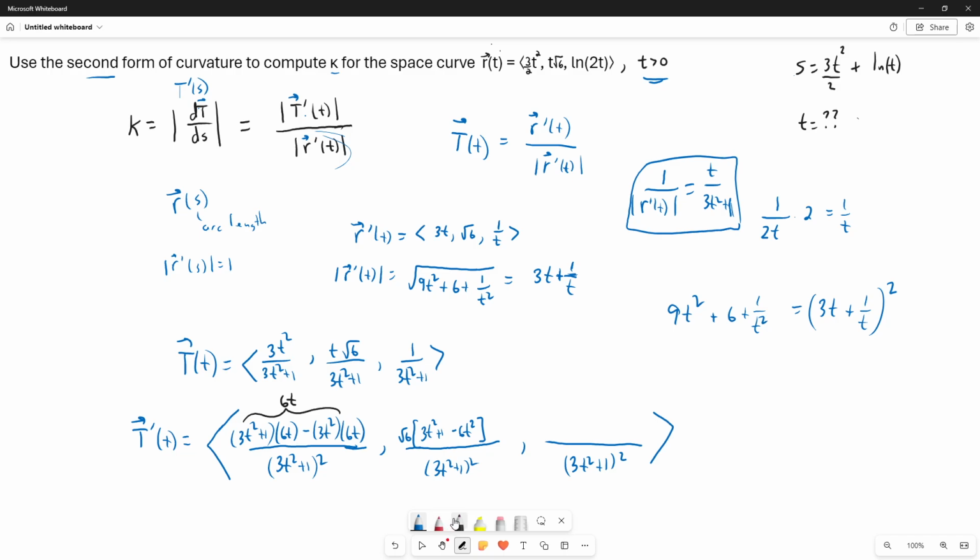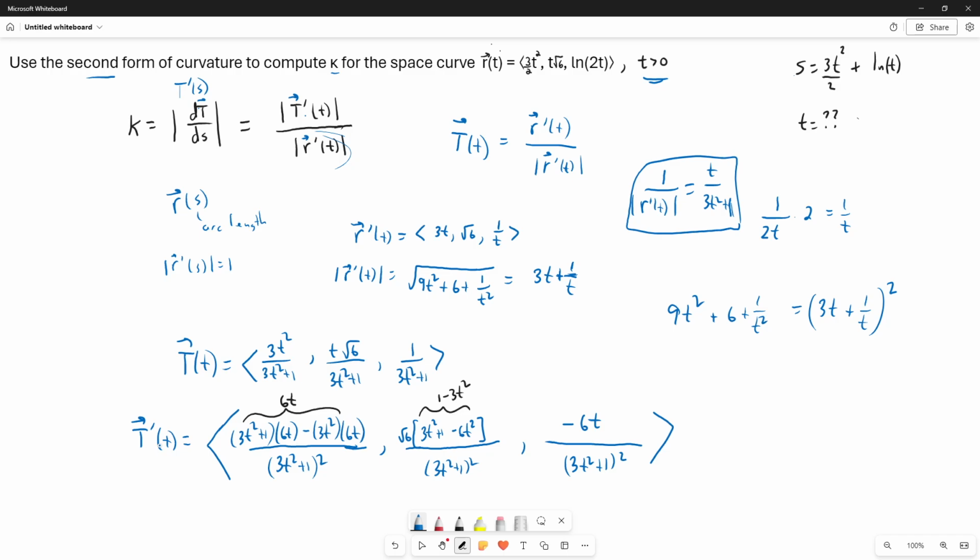And so in the brackets, that's 1 minus 3t squared. And for the last one, it's the bottom times the derivative of the top, which is 0, minus the top times the derivative of the bottom, so it's minus 1 times 6t. So that one was friendly. Okay, so there's T prime of t.